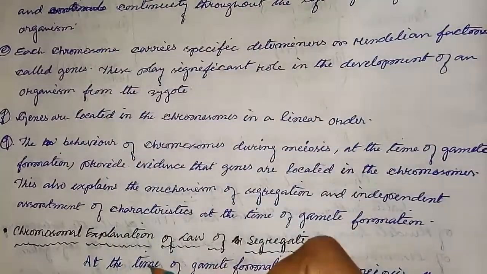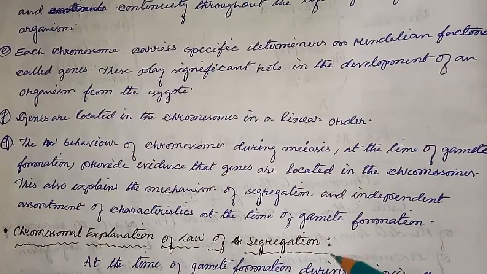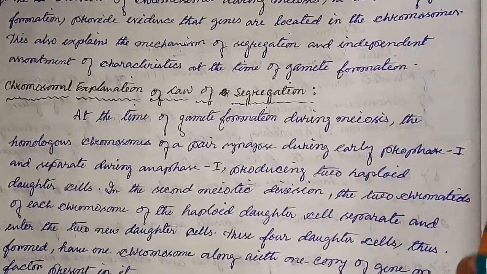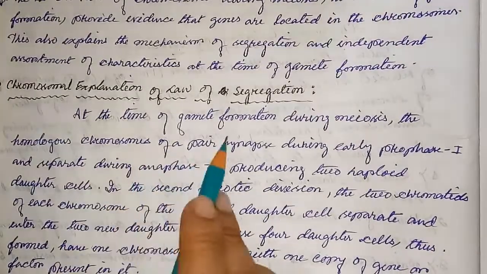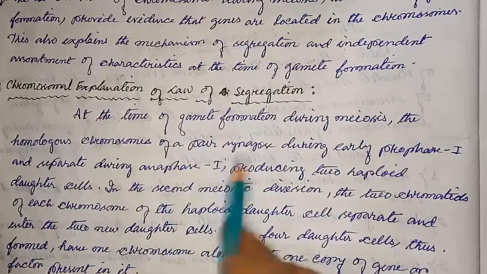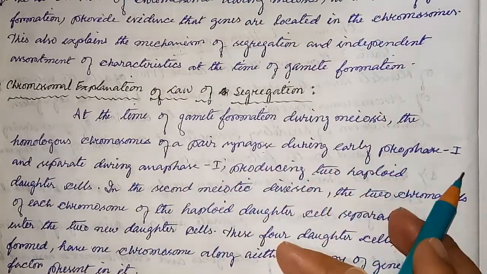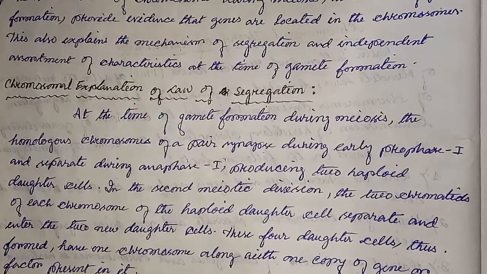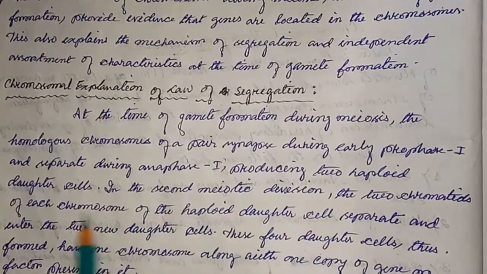Now come to the chromosomal explanation of the law of segregation. At the time of gamete formation during meiosis, the homologous chromosomes of a pair synapse during early prophase I and separate during anaphase I, producing two haploid daughter cells.